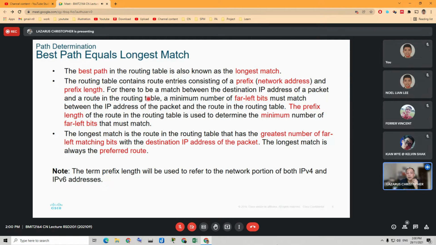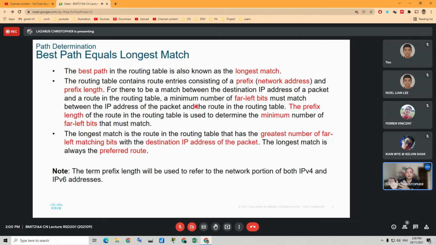So if we want to find a match, what does it mean? It means to be a match between the destination IP and a route in the routing table, a minimum number of far left bits. You start looking at the bits in the IP address from the far left because the router is concerned only with the network address part, compared to the host.